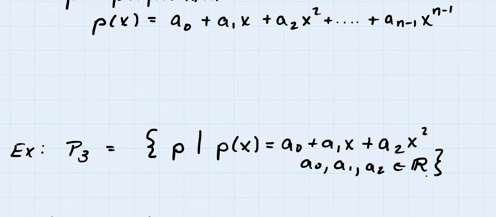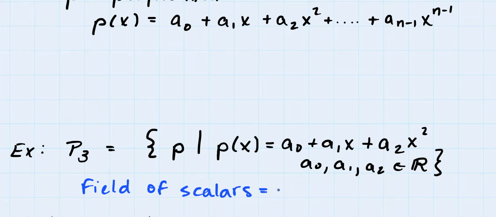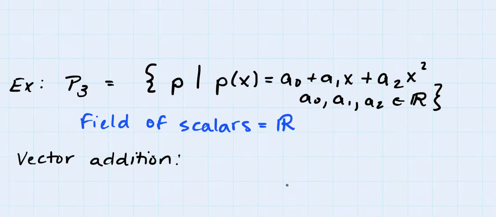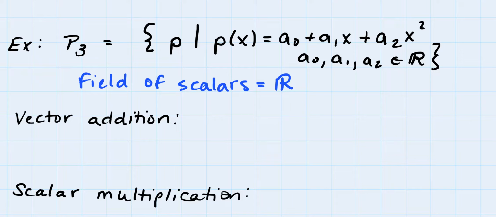We're going to show that P sub 3, with the field of scalars being the real numbers. Remember, if I don't write what the field of scalars is, then you assume it's the real numbers. So we can even put this down. Field of scalars. It's the real numbers.